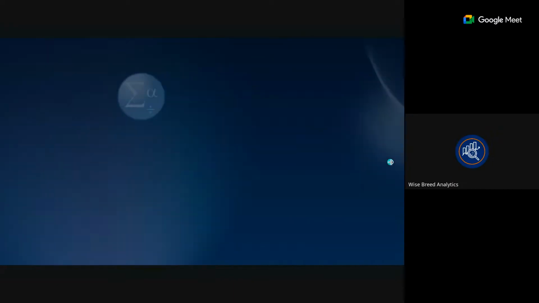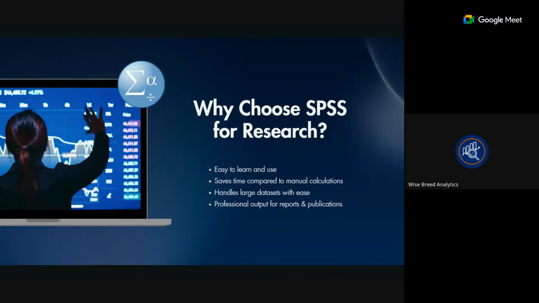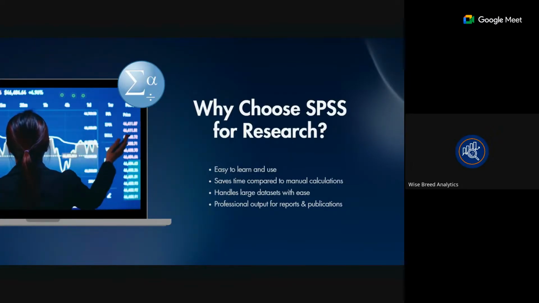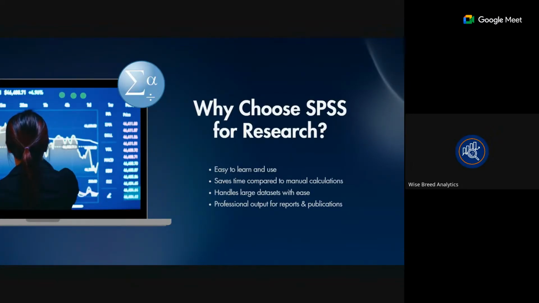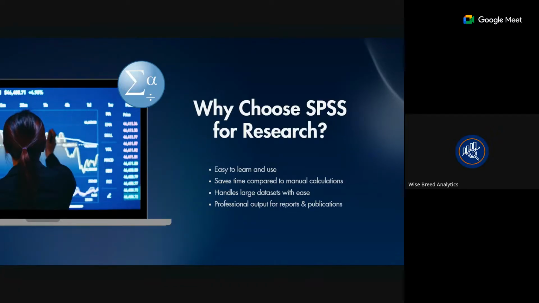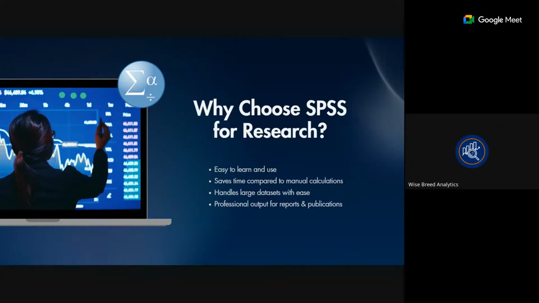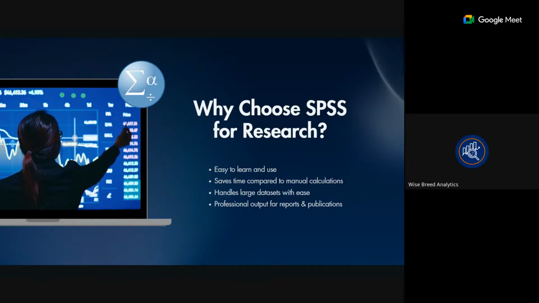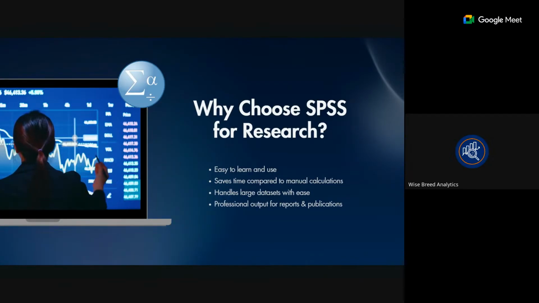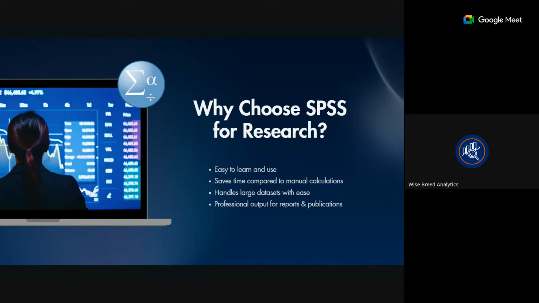All right? Now, why should you choose SPSS for research? Number one, SPSS is easy to learn. It is easy to learn and it is easy to use. SPSS helps to save you time compared to manual calculation. I mean, gone are those days. I remember back in the days when we were in school at the University of Nigeria, Nsukka, my supervisor then wanted you to do some of your calculations manually.